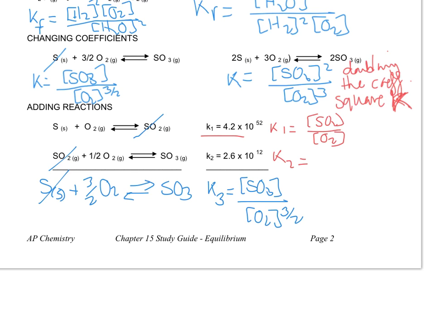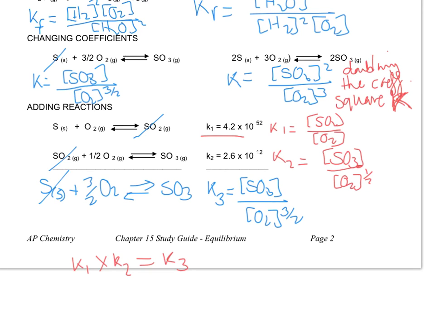K2 is the concentration of SO3 divided by the O2 concentration to the 1/2. So if you took K1 times K2, that's going to give you K3. If you took this expression times this expression, you would get this expression. So whenever you add equations, you multiply their Ks.